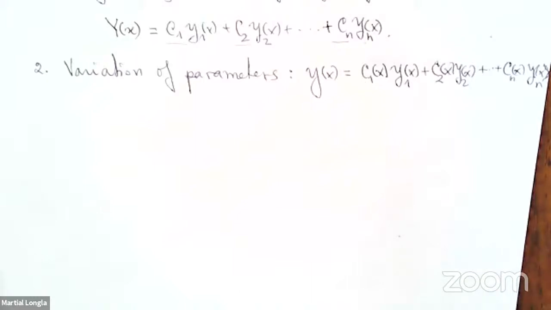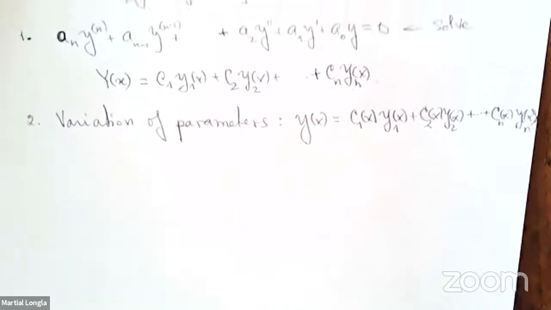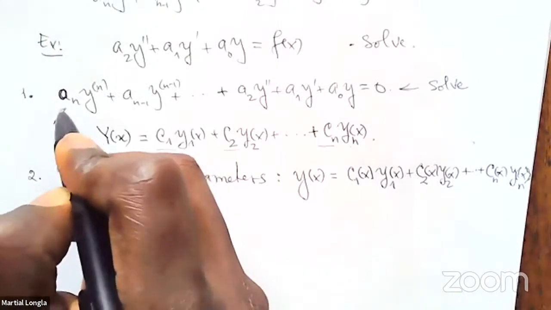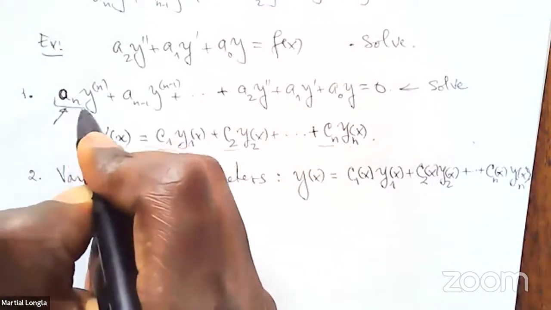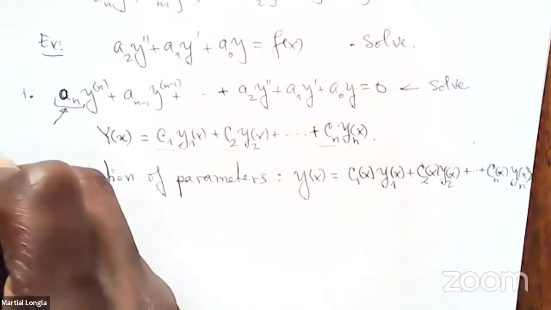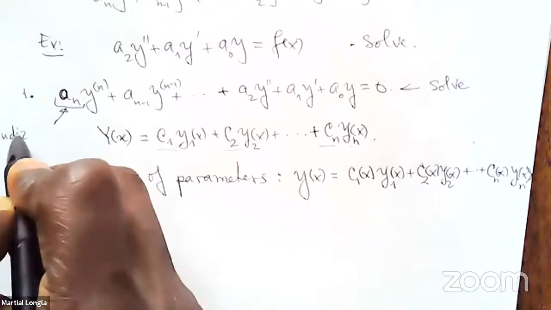And for that method to work, usually what you need to do to make sure you get the right answer is that where the problem starts, you get rid of the coefficient that is in front of the highest derivative. Make sure that coefficient is equal to 1, which is what we usually call in this class standardization, right?